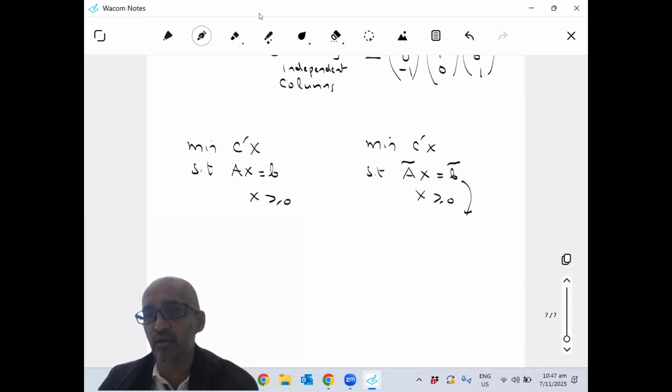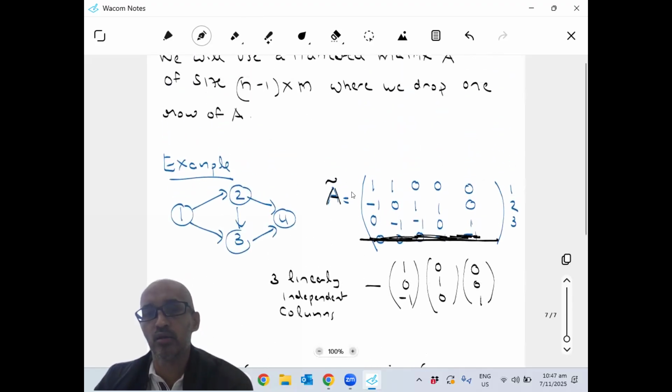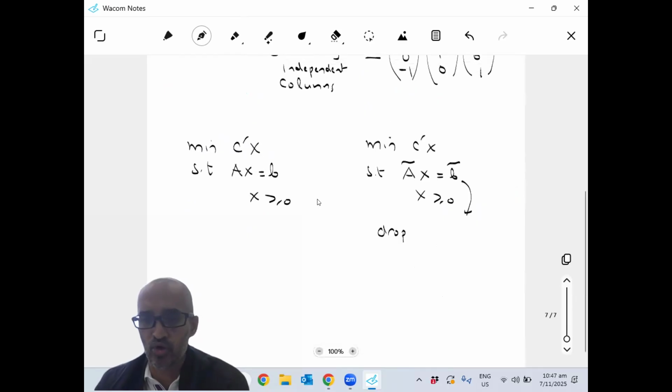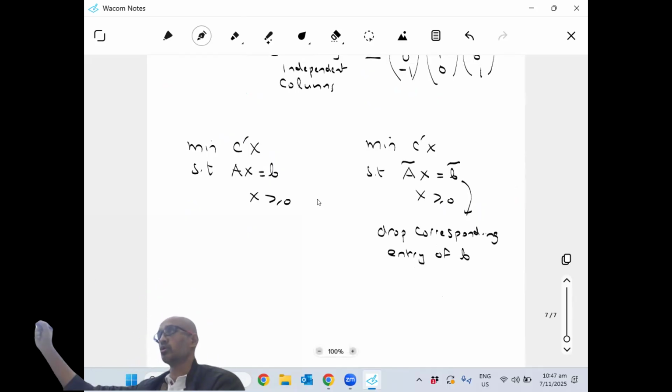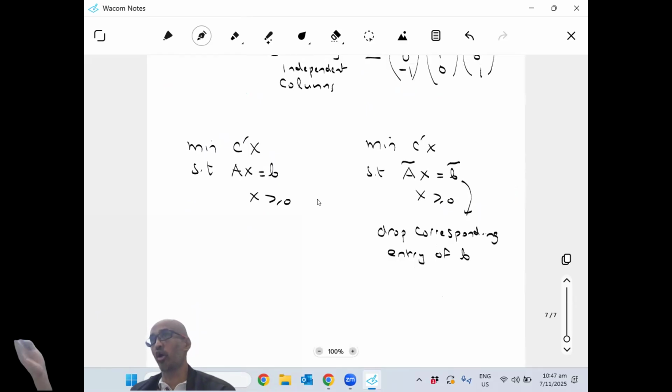What is B tilde? I dropped a row, so that corresponds to a particular entry in B, the corresponding row in B. I have to drop that.